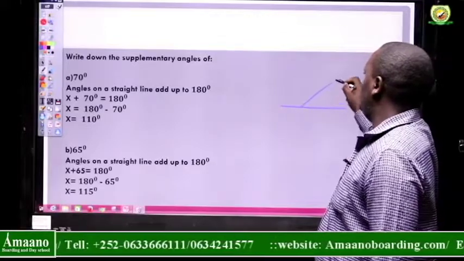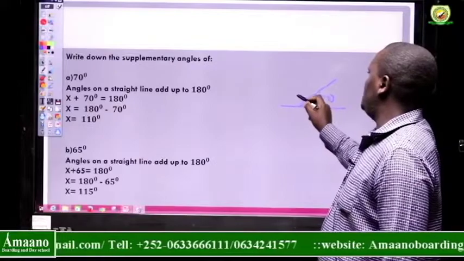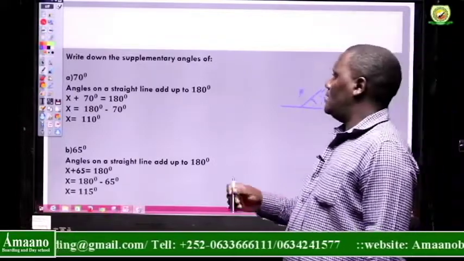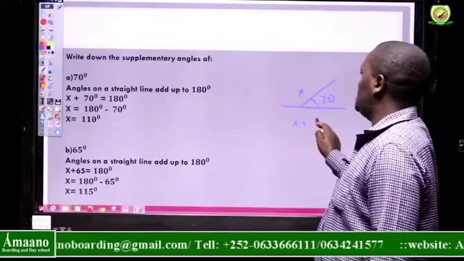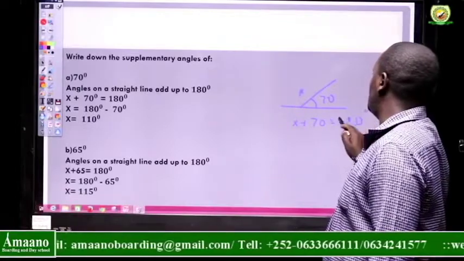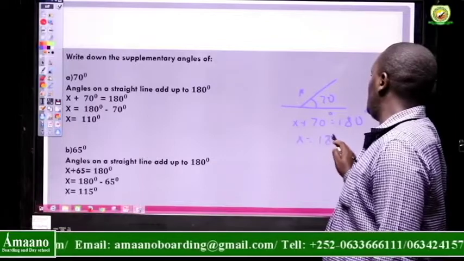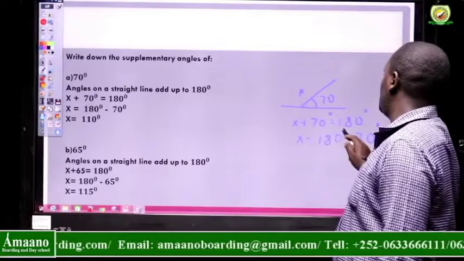I say maybe this is my 70, and the one I find this part, I can call it maybe x. How will I find it? I know x plus 70 equals to 180 degrees. X equals to 180, I take away 70 degrees.